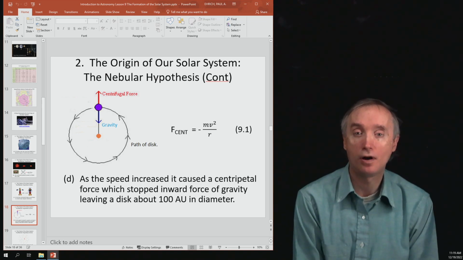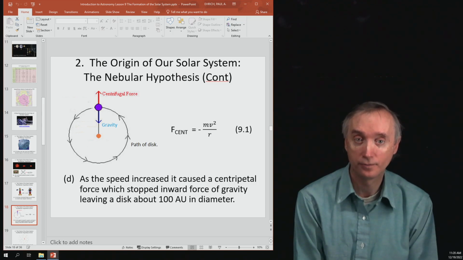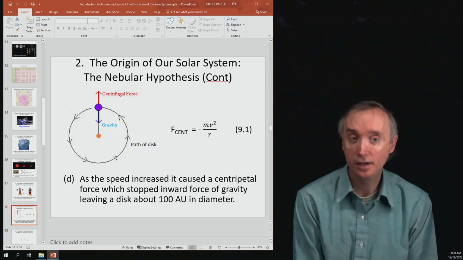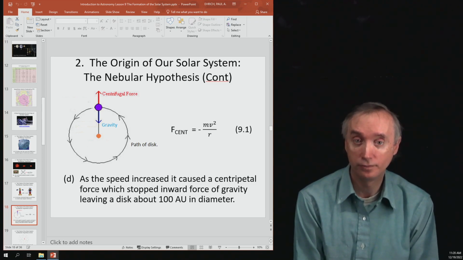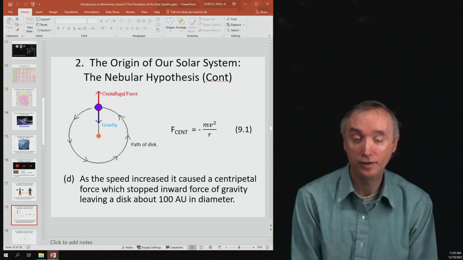As the R is getting smaller, it's in the bottom part of the formula, which means the centripetal force is getting stronger. And because the speed is getting larger because of the previous slide, that also means that the centripetal force is getting stronger.